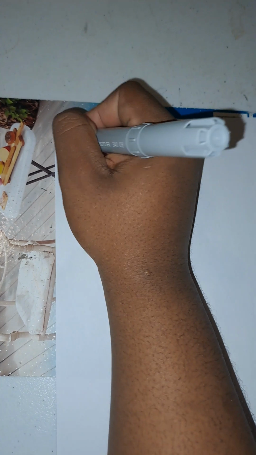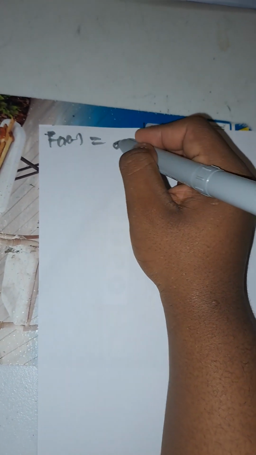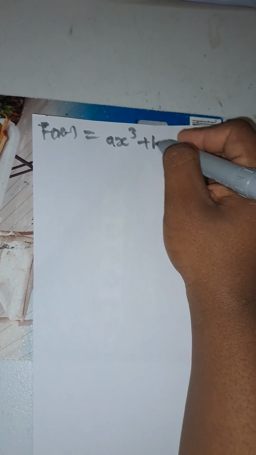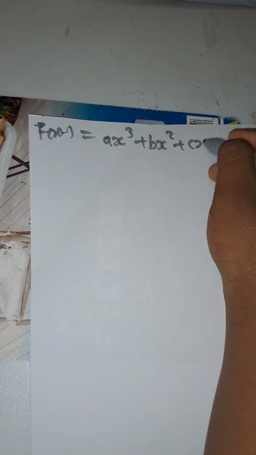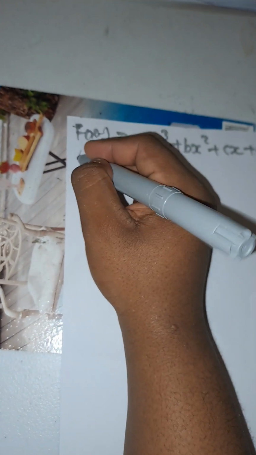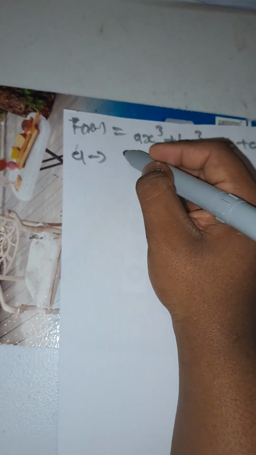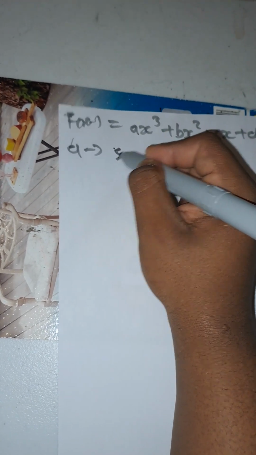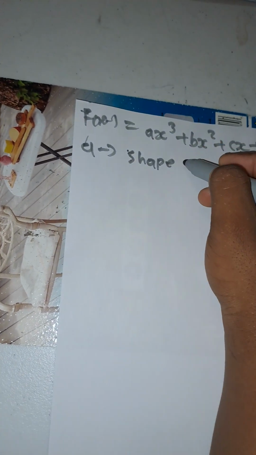So guys, let's check. I told you that f of x equals ax cubed plus bx squared plus cx plus d. So you must know the shape. The a is the one that determines the shape of the graph.